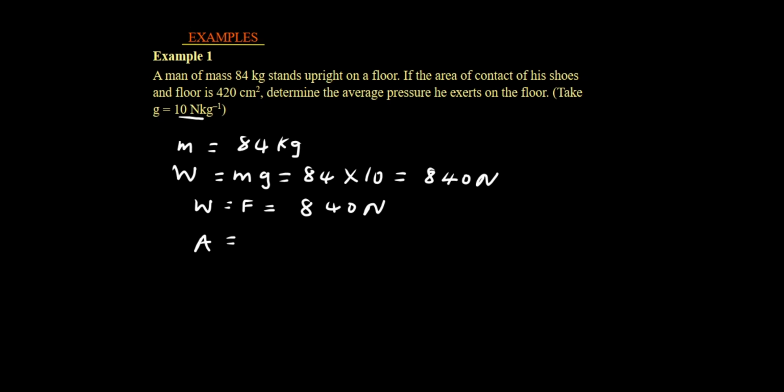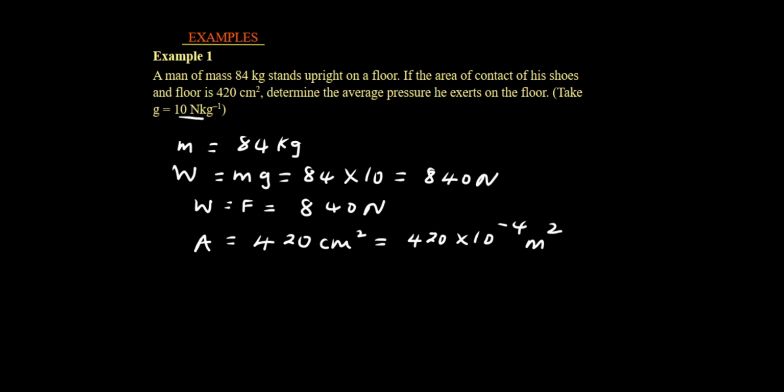What about the area? The area is given as 420 square centimeters. We are going to convert this to SI units. That will be 420 multiplied by 10 to the power of negative 4, and the answer will be in square meters.